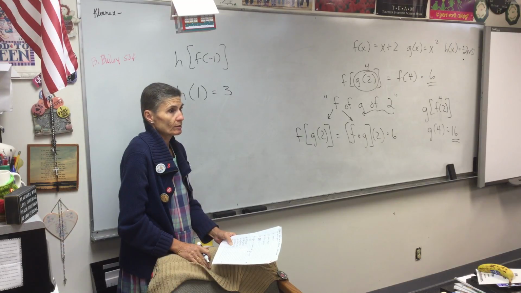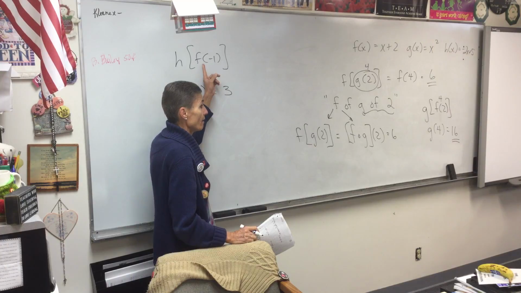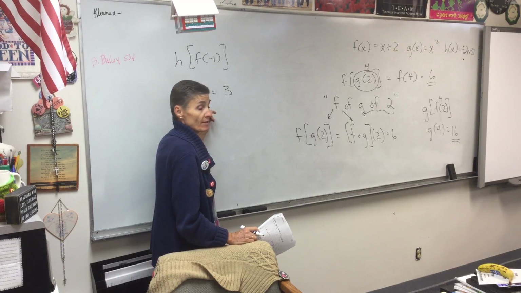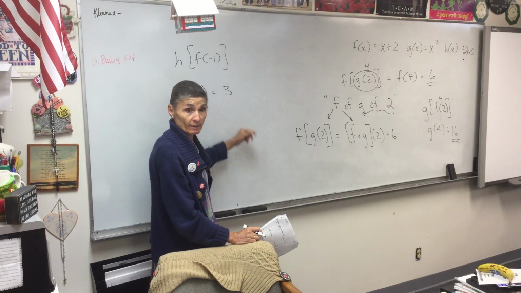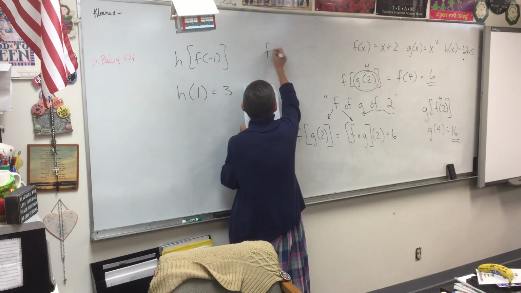I got 3. Did you get 3? Yeah. Because when you put -1 into F, you got 1, and then you put 1 into H, and you got 3.